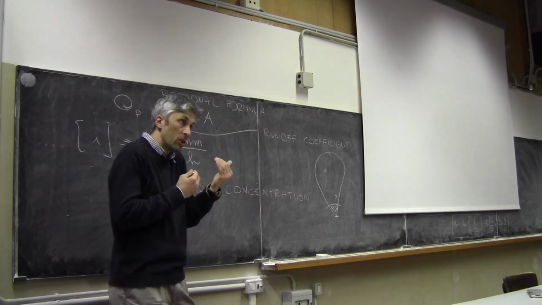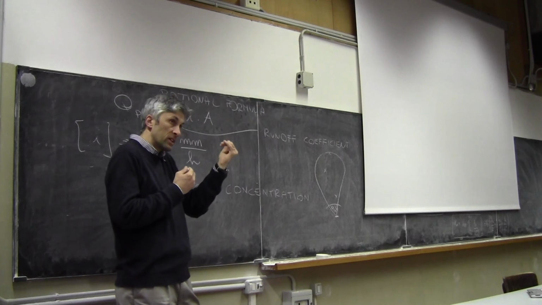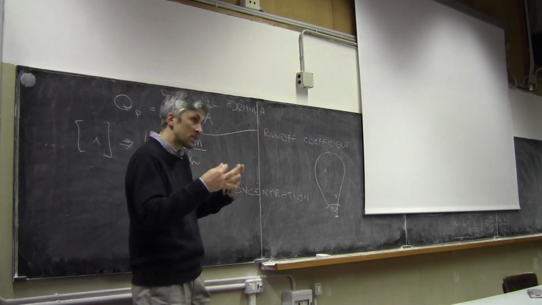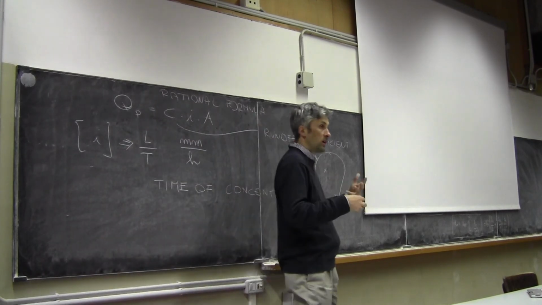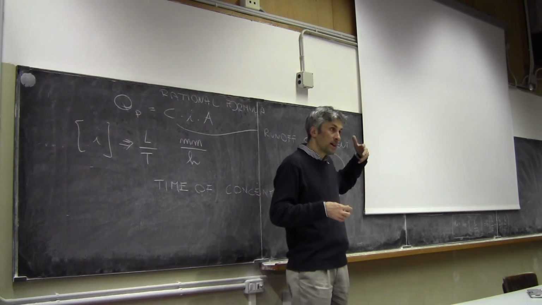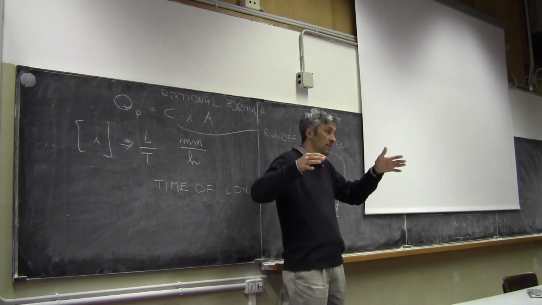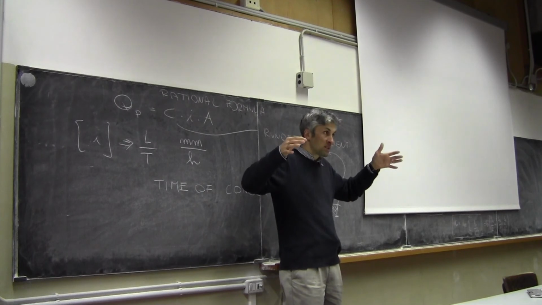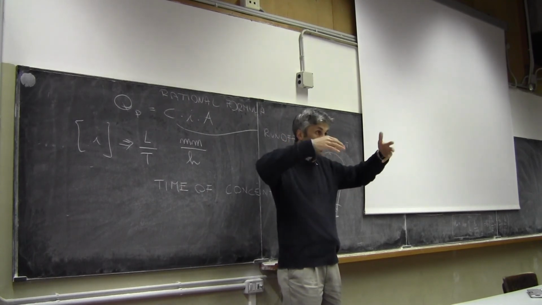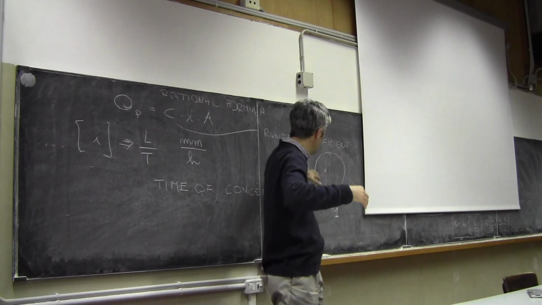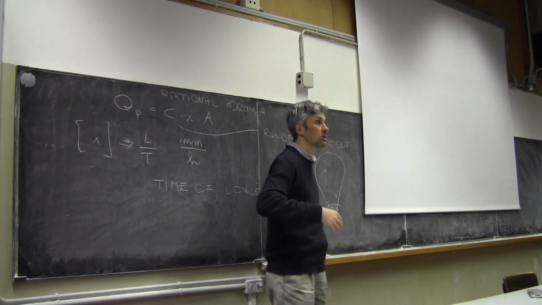But if you have a longer rainfall, the intensity decreases, but you start having some superimposition. And think about the time of concentration. If it rains for the time of concentration, it means that you have full contribution of the catchment area to the river flow.